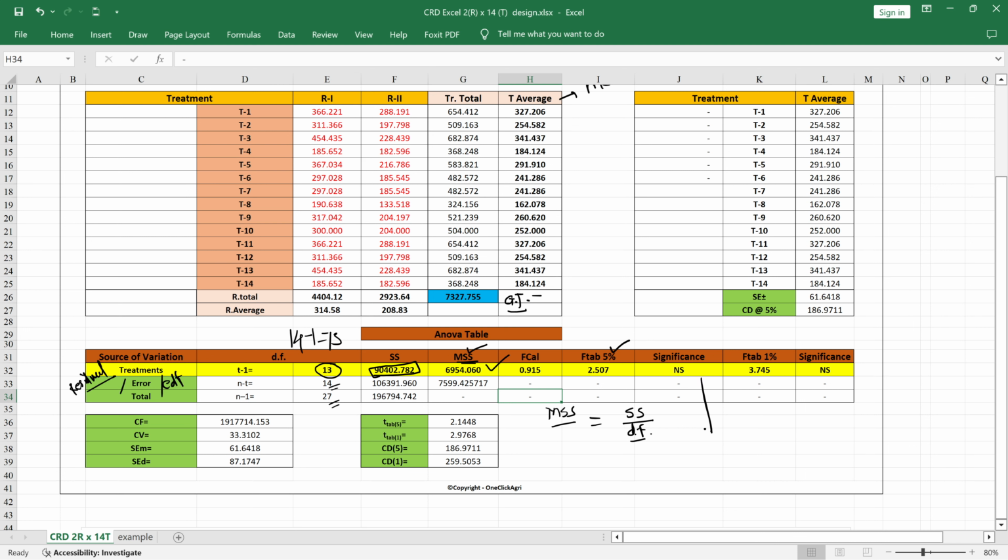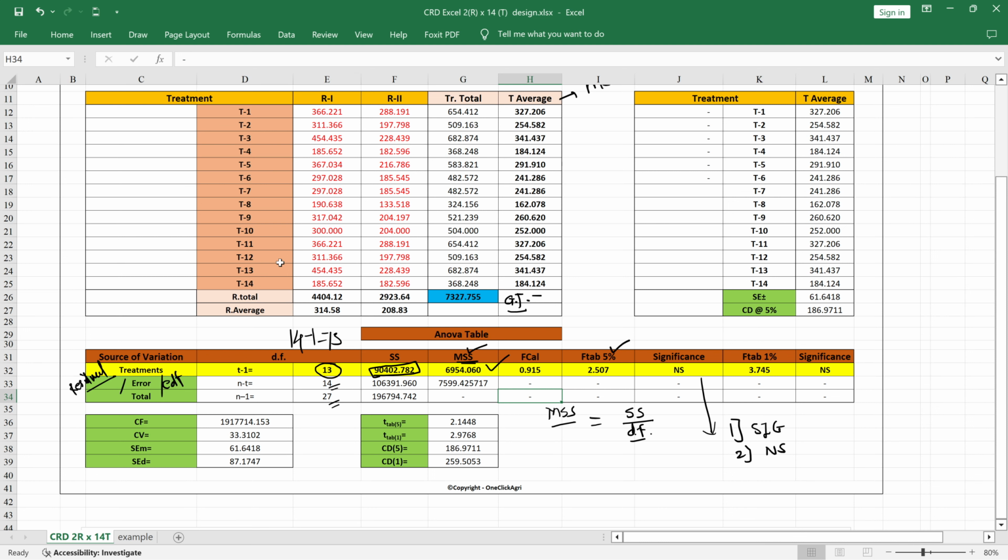In significance you will get two things. One is significant, another is non-significant. Okay, whether you selected the 14 treatments, whether these treatments are significant or non-significant.